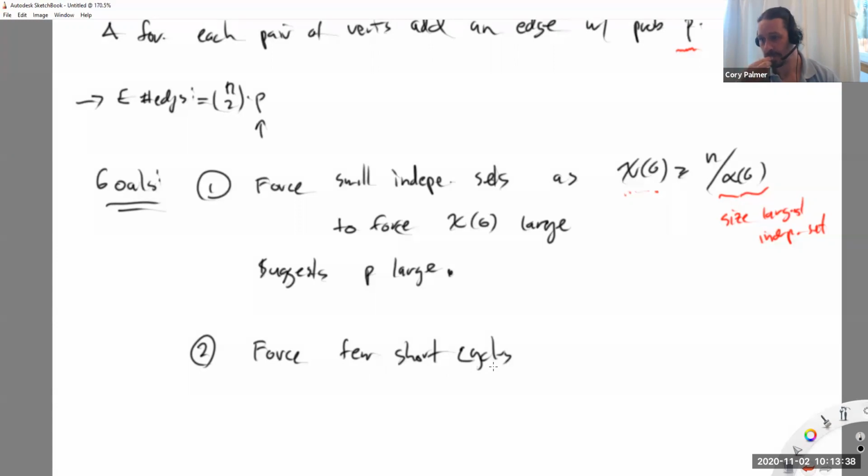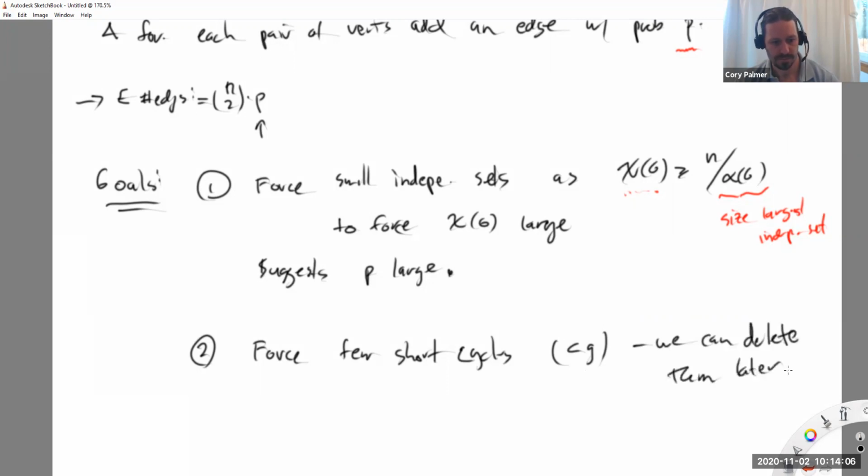The graph I end up producing will not exactly have my properties; I'm going to have to do a little surgery on it at the end. That's a very common technique in the probabilistic method. Sometimes you can't get your graph to be exactly what you want, but you can get it close enough that removing things gives you what you want. So I want to force few short cycles, those of length less than g, because we can delete them later.